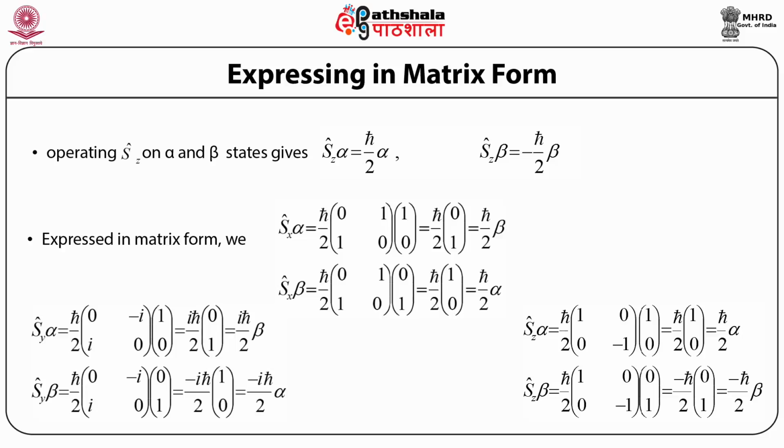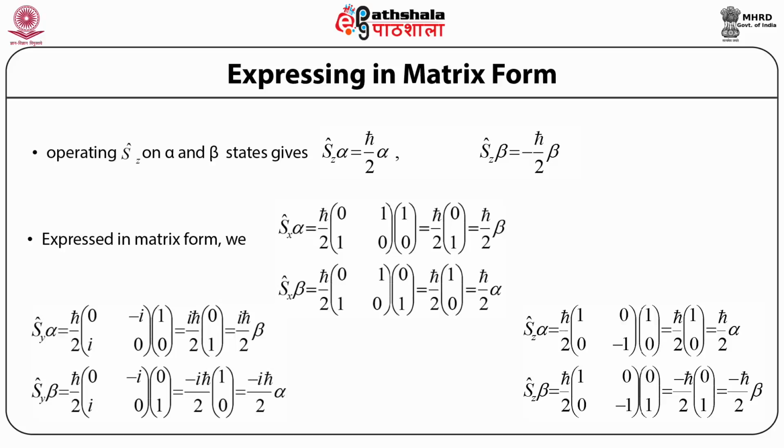So spin operator Sy acting on spin down state or eigenstate beta returns an eigenvalue minus iota times h cross by 2 and the eigenstate alpha or the spin up state.